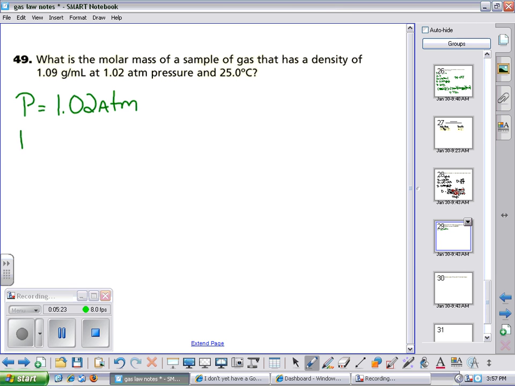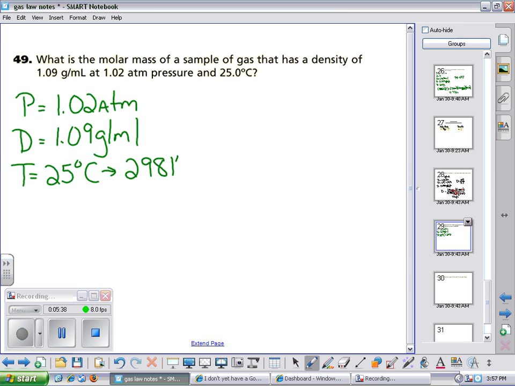The density, 1.09 grams per milliliter. The temperature, 25 degrees Celsius, which is 298 Kelvin. What else do we have up there? The R value. Since it's in atmospheres for the pressure, 0.0821 is the one that we have to use.